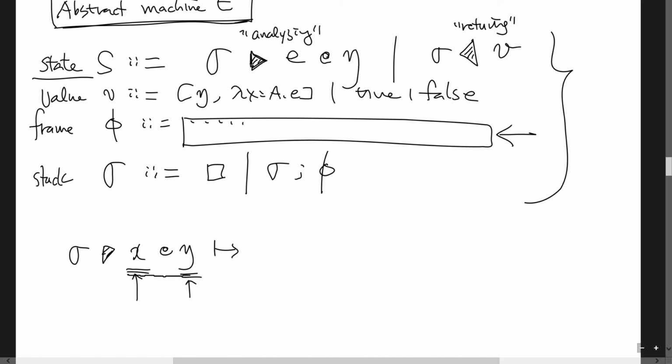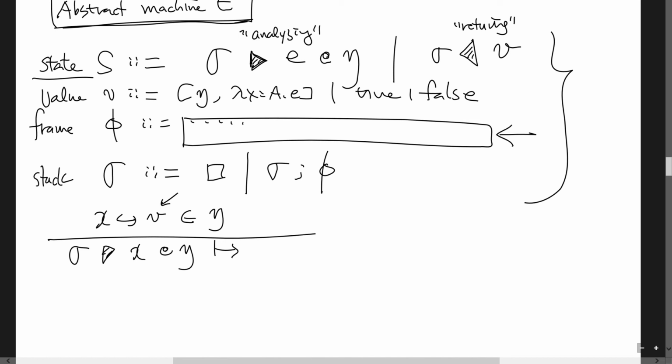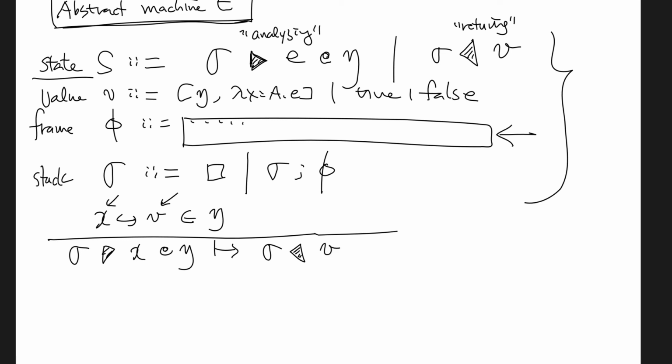So this is basically the time to look up this environment and retrieve the value for this variable x. So let's assume that this mapping x to value v is found in this environment eta. Then what happens? Well, we have found the value for this variable x, so it's time to return the value back to the stack of frames. So now we return, so it's left triangle, this value v. So that's the rule for this variable.